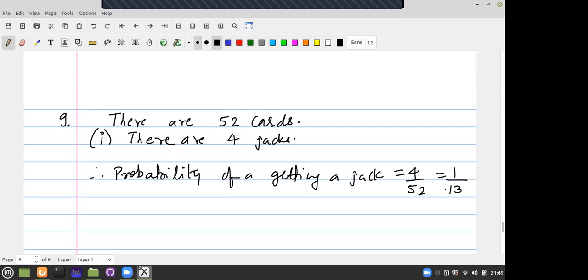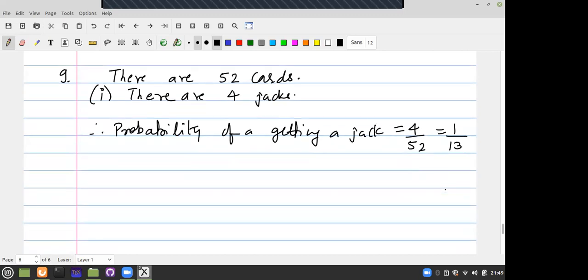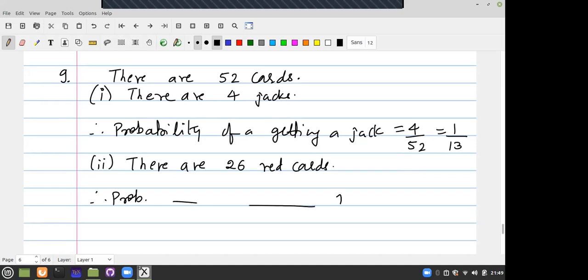Both of you agree? Yes, sir. Ritu, now the next part is the red card. How many red cards? 26. So 26 upon 52, that is 1 upon 2, right? Let us save our time. Clear?